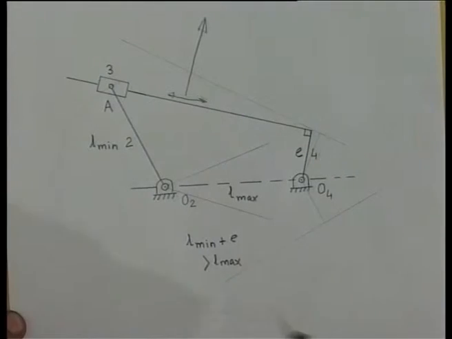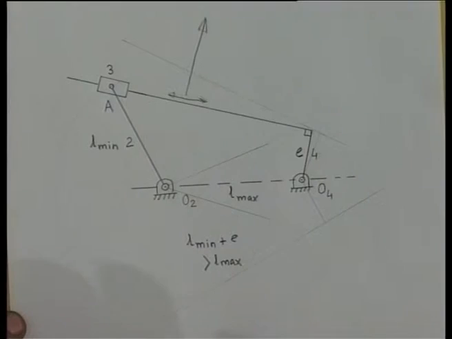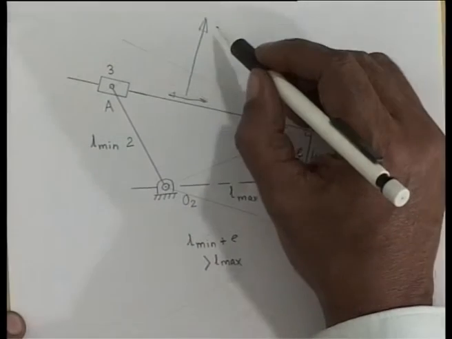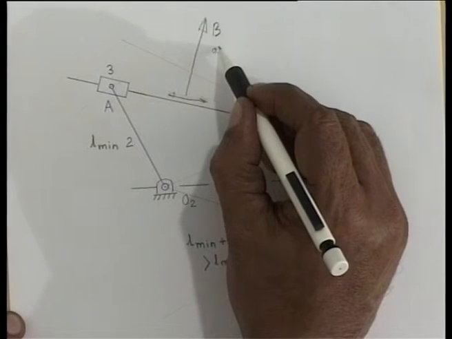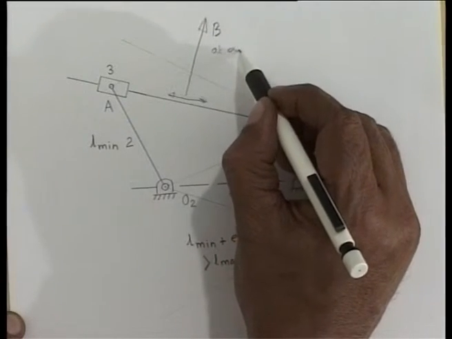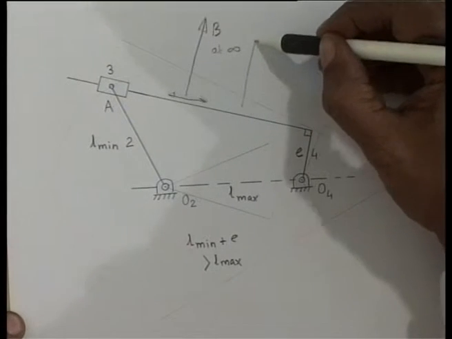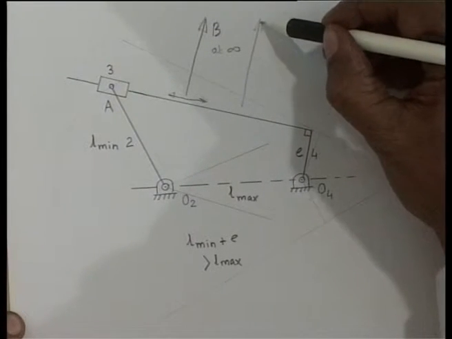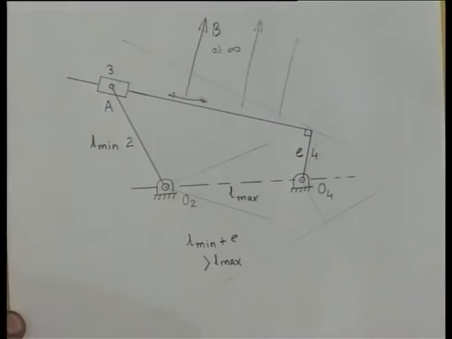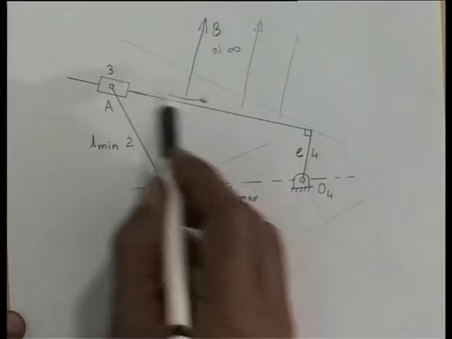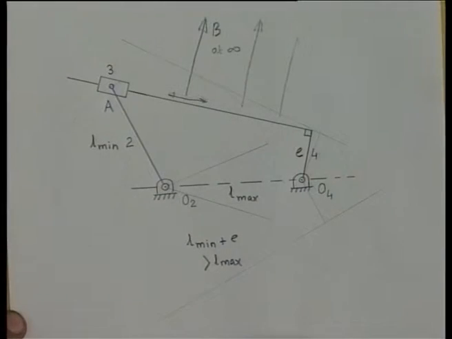That is the hinge B of the O2ABO4, which is the equivalent 4R linkage. B is on this line at infinity. All parallel lines meet at infinity. So, I can take any line perpendicular to the direction of sliding and claim that B is at infinity on any of these parallel lines, because all these parallel lines meet at infinity.